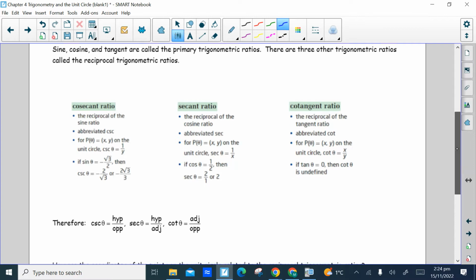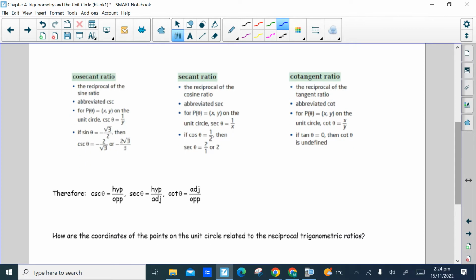The secant is the reciprocal of the cosine. The abbreviation is SEC, because on the unit circle, the x value gives you the cosine, then 1 over the x value will give you the secant. If the cosine is a half, then the secant is 2 over 1 or 2. And the reciprocal of tangent is the cotangent.